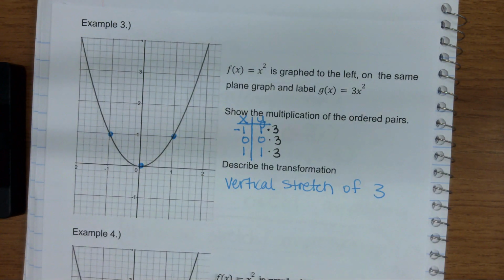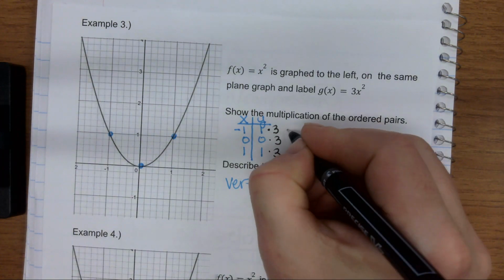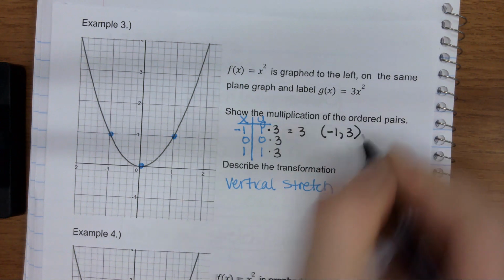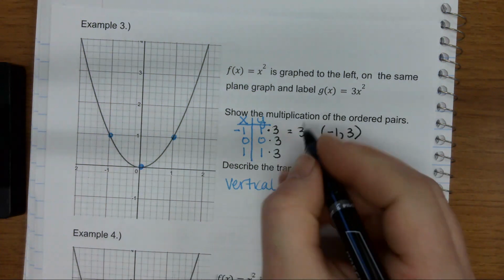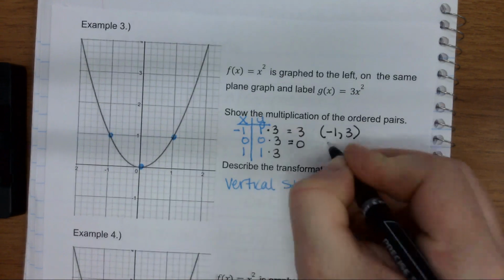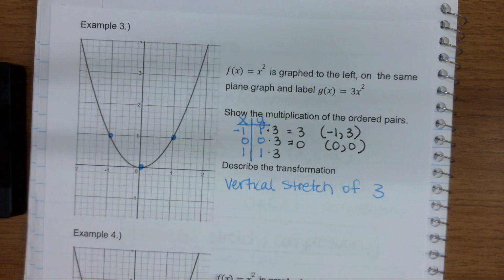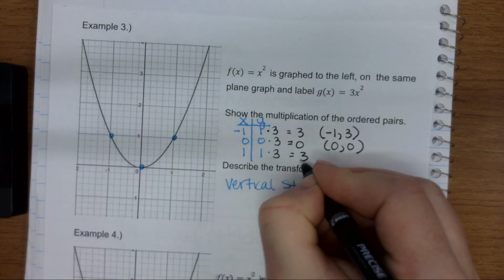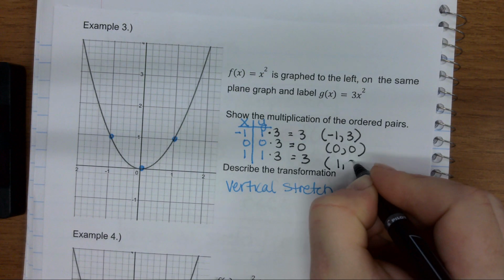On that top one, 1 times 3 is 3. This is going to now have the ordered pair negative 1, 3. 0 times 3 is 0, so this point stays the same. And then 1 times 3 is 3, that goes to that.